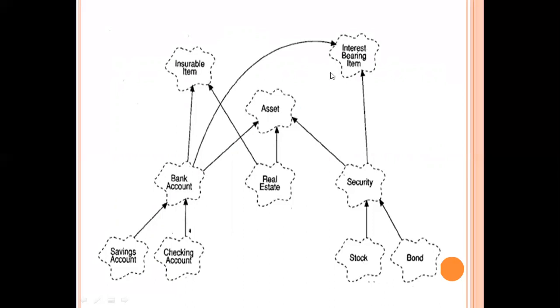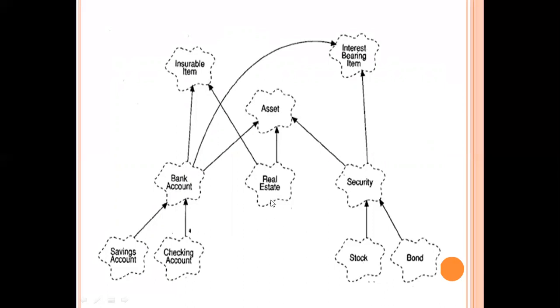It shares the two classes, insurable item and interest bearing item. Another one is security. The security shares the attributes of assets and interest bearing items. So the single class security shares the attributes of assets and interest bearing items.